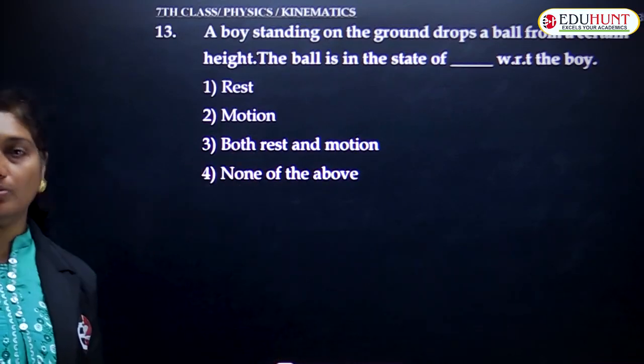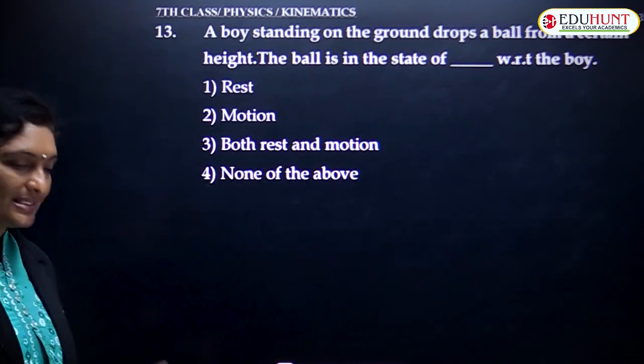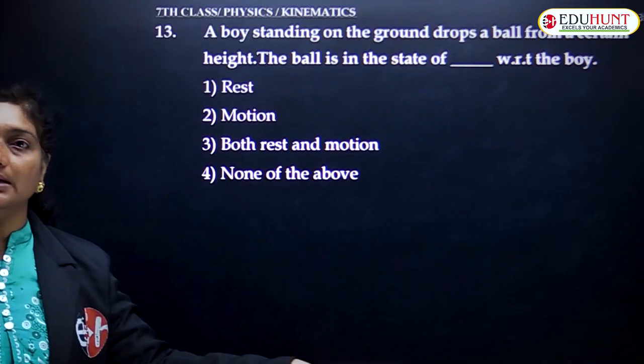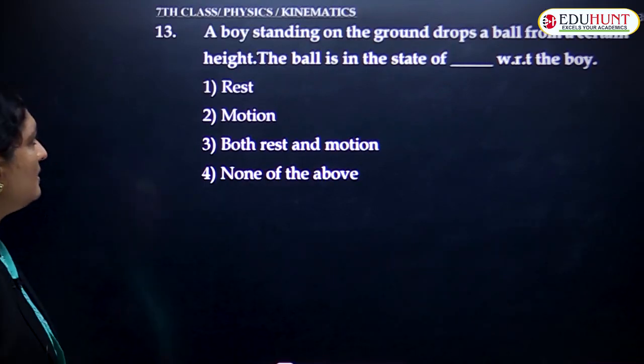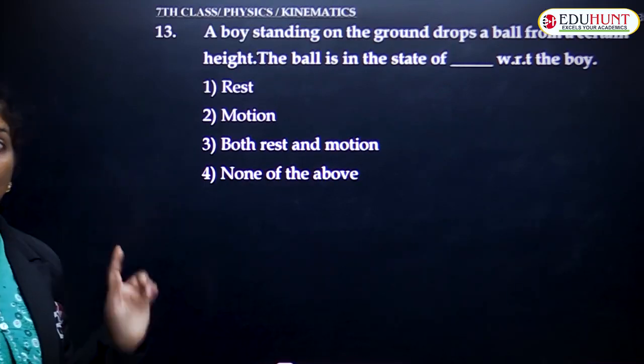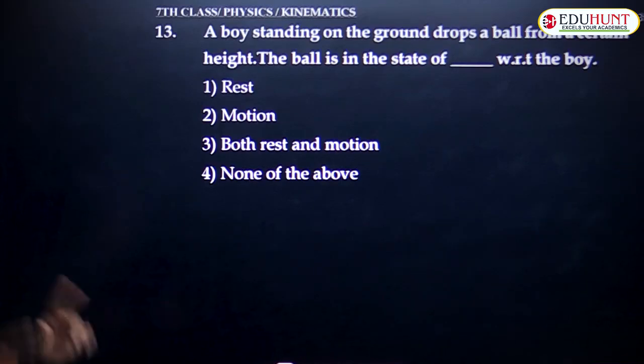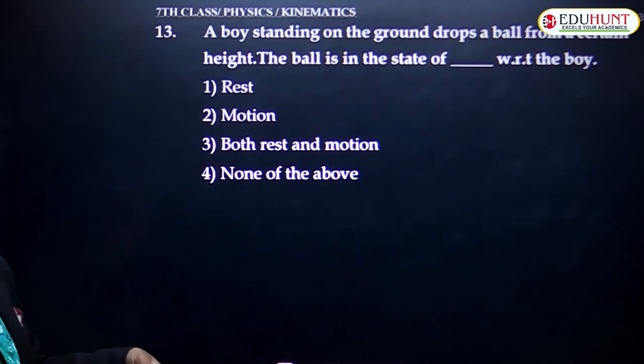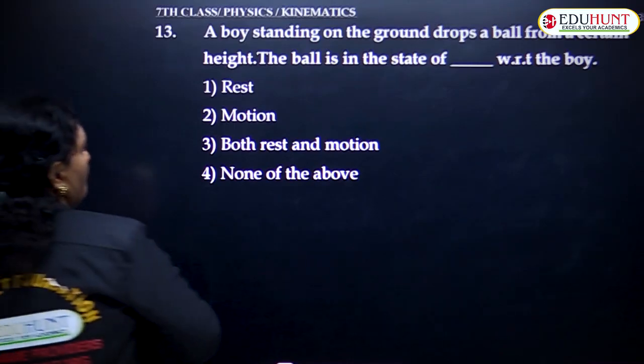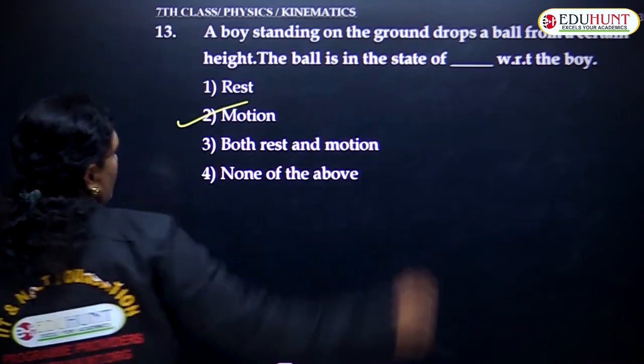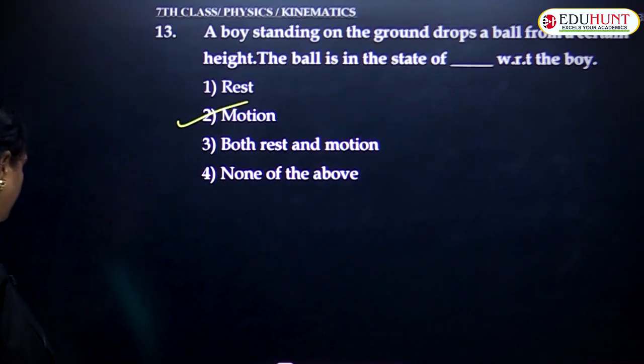The ball moves down. So the boy is still standing, whereas the ball is set in motion. So the ball is in the state of motion with respect to the boy, because the boy is standing and still observing the ball, and the ball is changing its position with respect to the boy. Hence, motion.